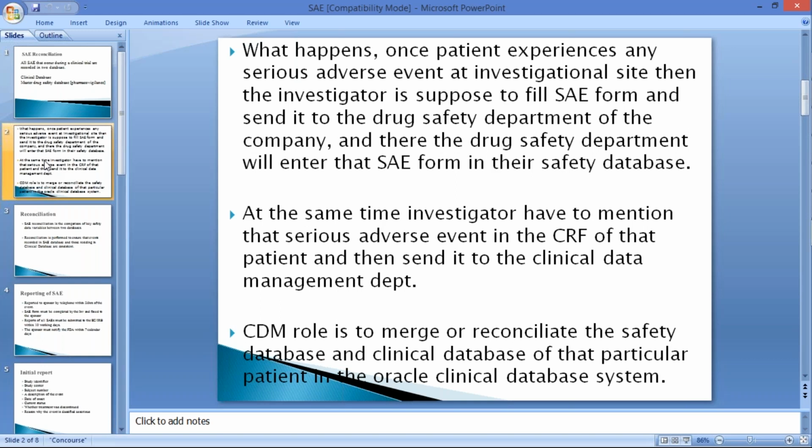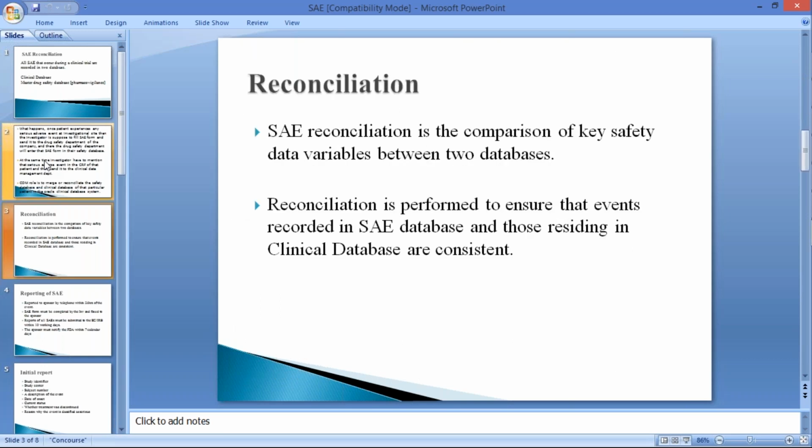So CDM's role is to reconcile the safety database and the clinical database. This is the definition of reconciliation, and in the second paragraph, why reconciliation is explained. Reconciliation is performed to ensure the events recorded in the safety database and those residing in the clinical database are consistent.